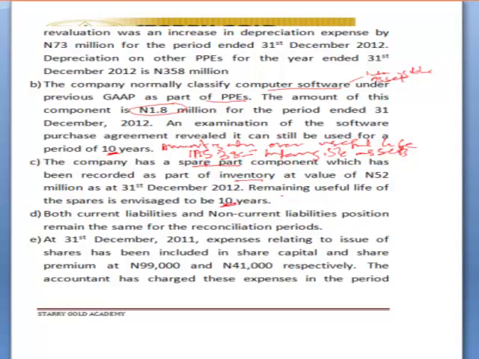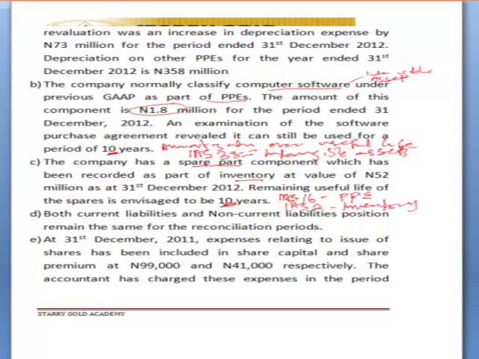Now there are two positions you need to talk about here. The first position is IAS 16, which is on what? Property, plant and equipment. The second position is IAS 2, which is your inventory.